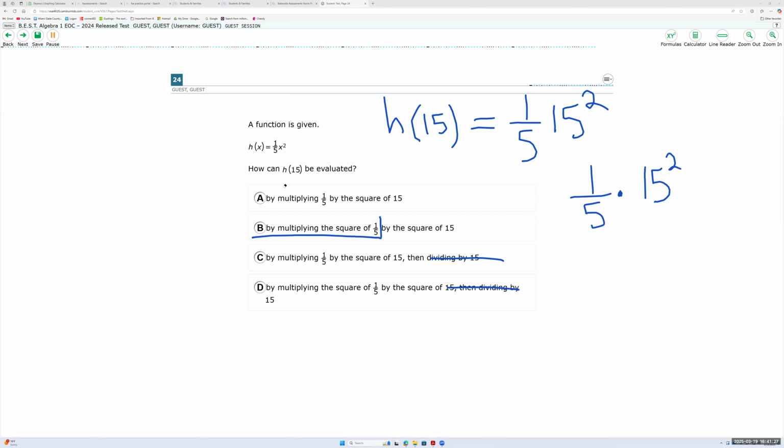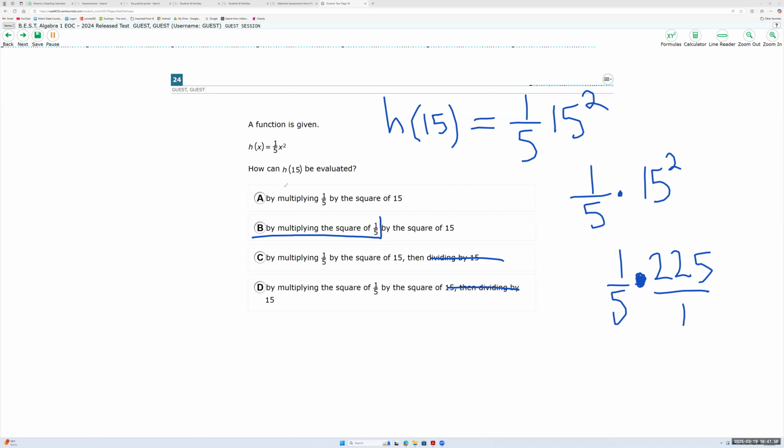So we would square 15 first, and so we multiply times a fifth. Let me make sure we square first. That's the square of 15, and we need to multiply it times 1 over 5. We don't need to complete the operation. We just know it's choice B.